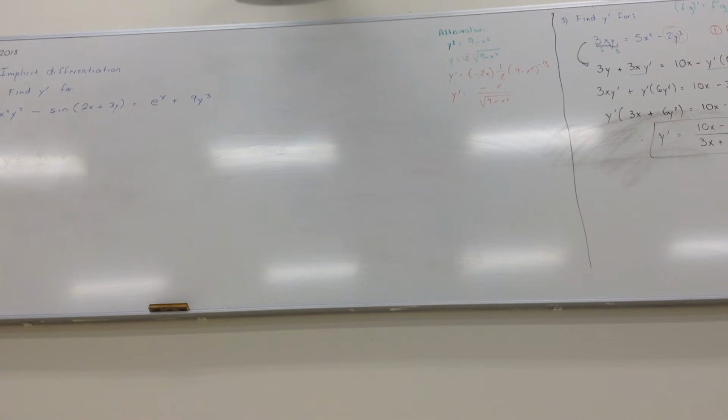Okay? Same process. We're going to apply the derivatives. First, product rule. So 10x y to the cube plus 5x squared. I want to leave it indicated. Y prime times 3y squared.